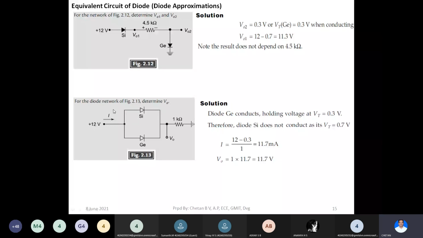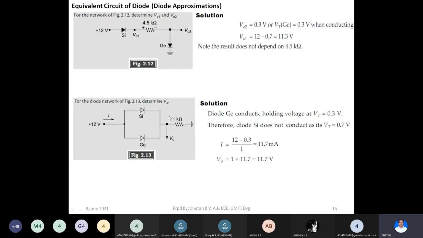Therefore essentially this current capital I should split into two parts, as there are two branches, right? At this end you have the output voltage V naught. So this node is V naught, and to this node itself we have a resistance of 1 kilo ohm. The other end of this 1 kilo ohm is connected to ground.